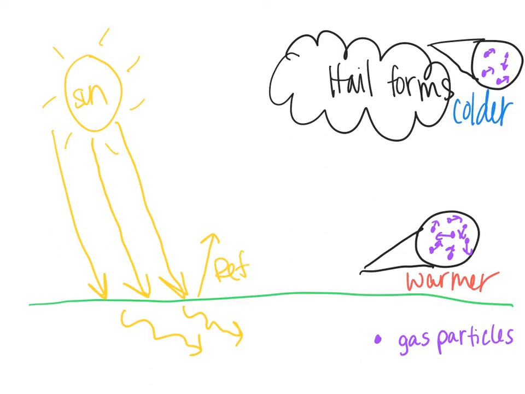And the lighter colors reflect more energy, and darker colors absorb more energy. And we were able to collect that data because the darker surfaces got warmer than the lighter surfaces. Surfaces that were in the sun got a higher temperature than surfaces in the shade.